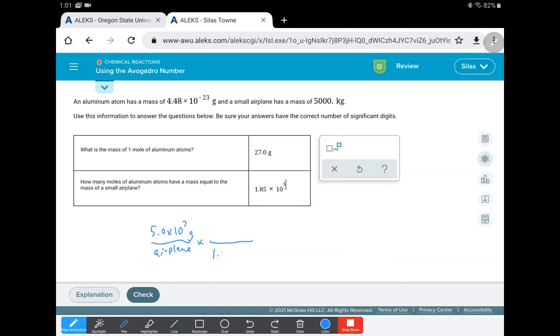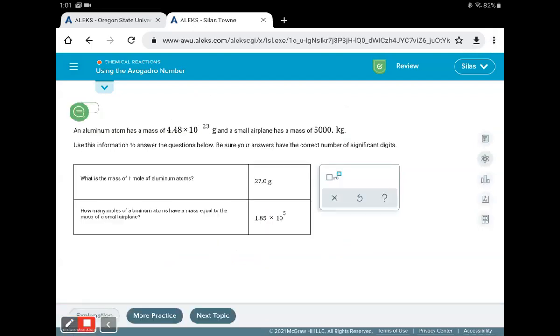And there are 27 grams per 1 mole of aluminum. And that would give you moles of aluminum atoms per airplane, the same number because you're dividing, but that's using dimensional analysis. Okay, let's check. There we go.